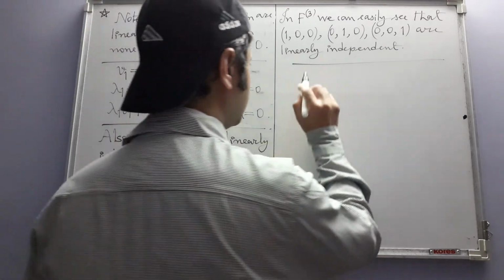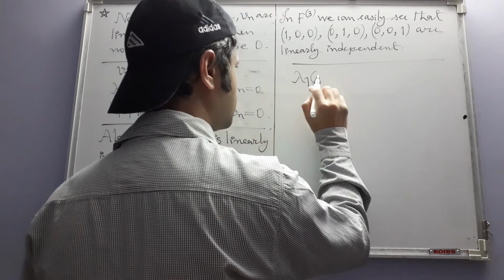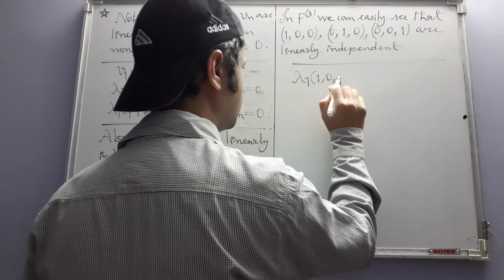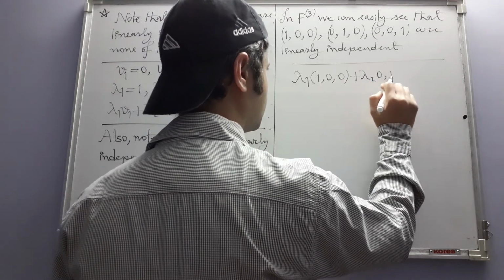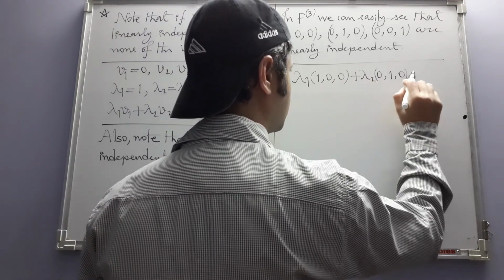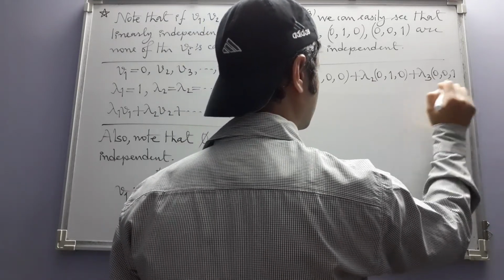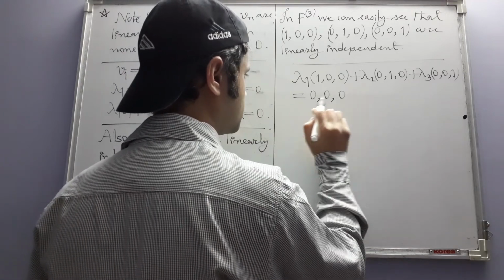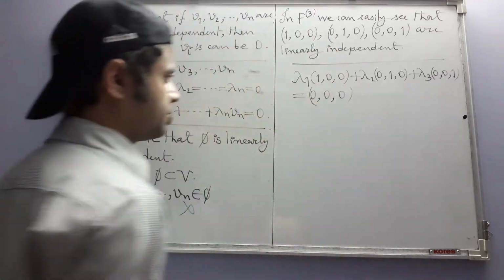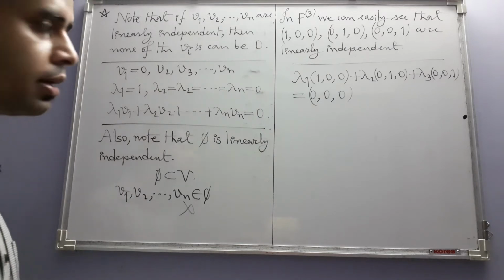To see that, what you do, you consider such a linear combination, and set that equal to the zero vector in the space, and then see what happens to those scalars.